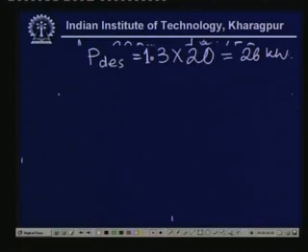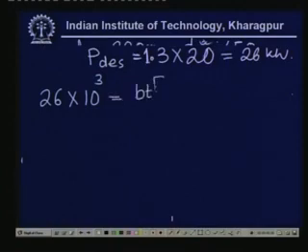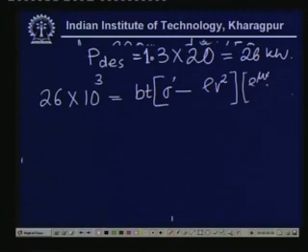So the equation for the stress comes out to be like this: 26 into 10 to the power 3 watt is BT, please once again refer to that, sigma dash minus rho v square, and that is e to the power mu alpha minus 1 by e to the power mu alpha into v.